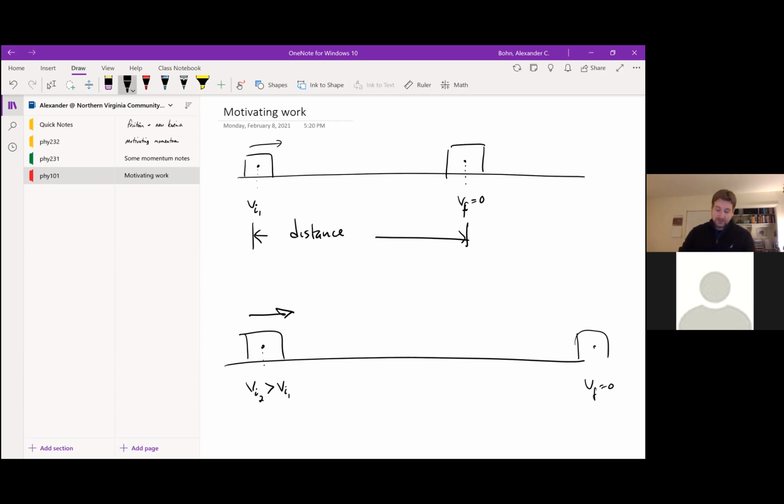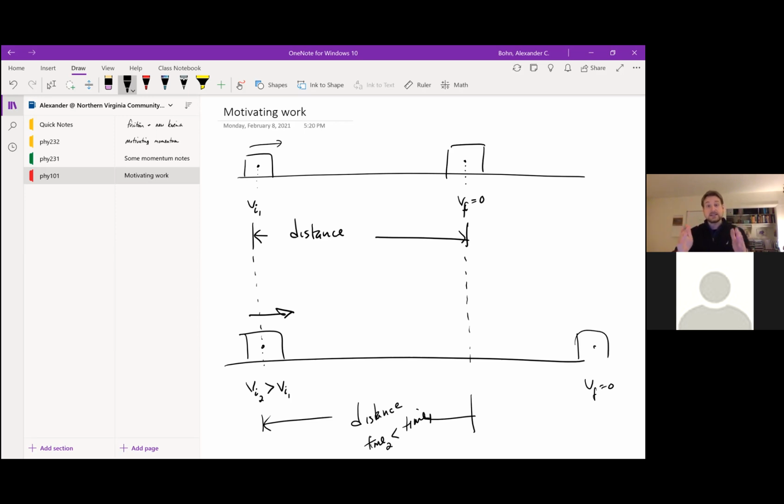In the same distance that we traveled before, on average, we'll be going faster because we started faster and we haven't stopped yet, which means we're going to cover this much distance in a lesser time than before, because we're going faster.